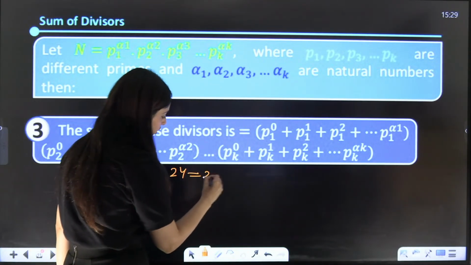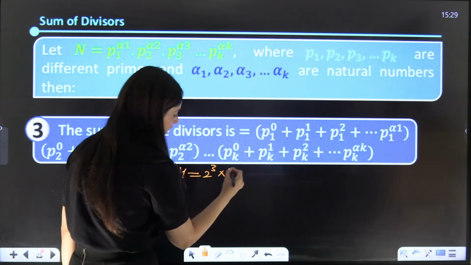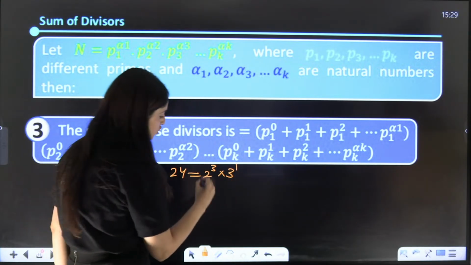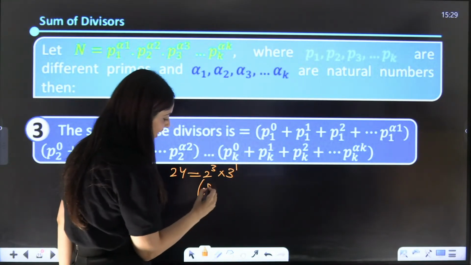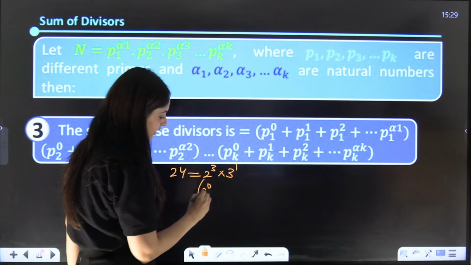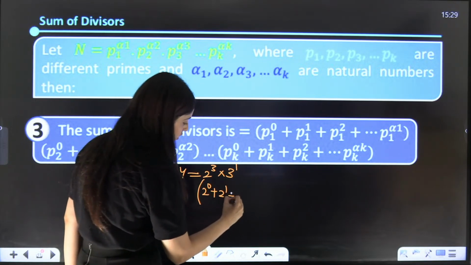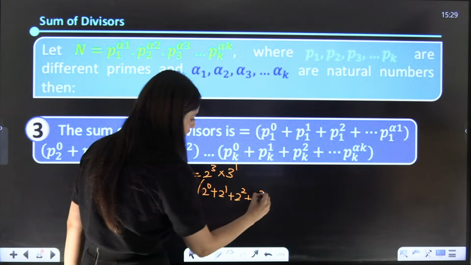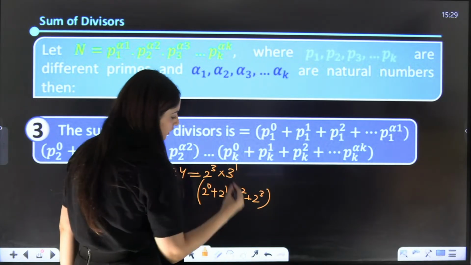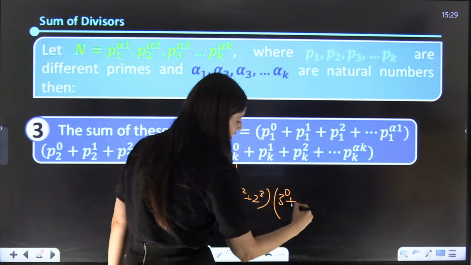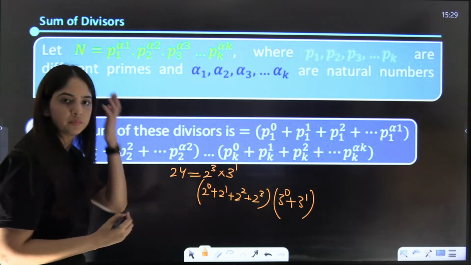For 24, we had 2 raised to power 3 into 3 raised to power 1. So for 2, we had an option of selecting 0 or 1 or 2 or 3, and for 3 we had this.